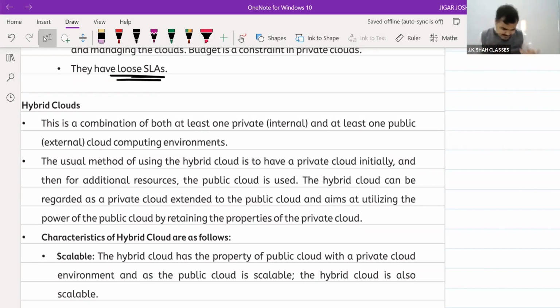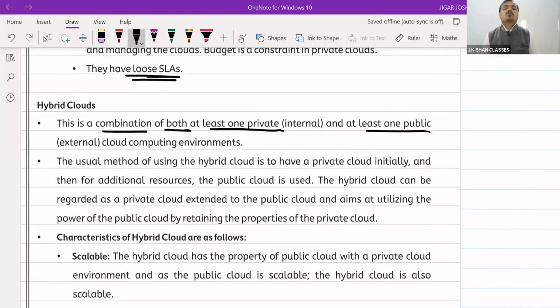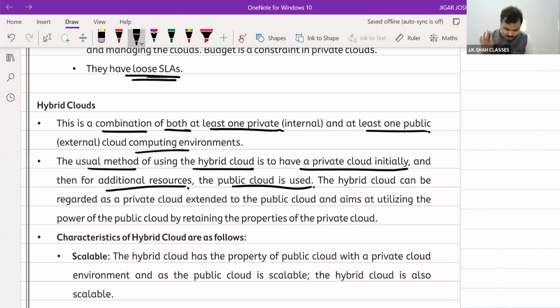Don't worry, relax. See this. This is the combination of both. At least one private, that is internal, and at least one public, that is external, also called the provider's cloud. Yes, sir. The usual method of using the hybrid cloud is to have a private cloud initially. First, we will use the private cloud, and later on, for additional resources, we can use the public cloud.